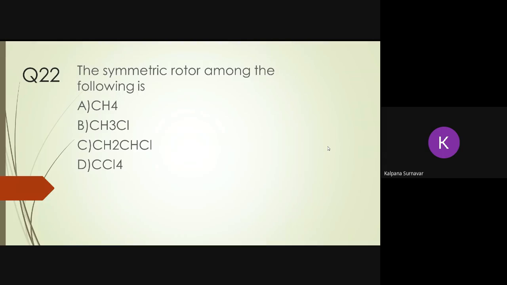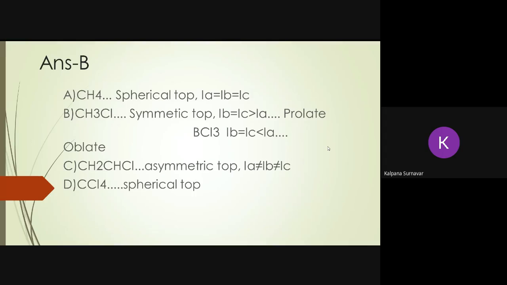Here I have written the options. CH4 is an example of a spherical top, where the moments of inertia IA, IB, and IC are all equal, and such molecules are microwave inactive. The second option is CH3Cl, an example of a symmetric top, which has IB equal to IC, not equal to IA.